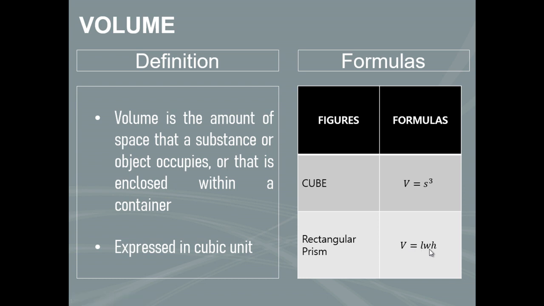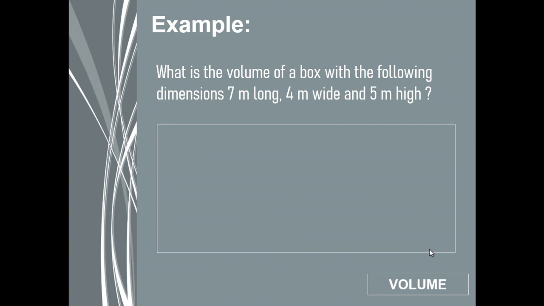Now, for example, what is the volume of a box with the following dimensions? 7 meters long, 4 meters wide, and 5 meters high. Very simple, we have length, width, and height. Therefore, this is a rectangular prism. Use V equals length times width times height.